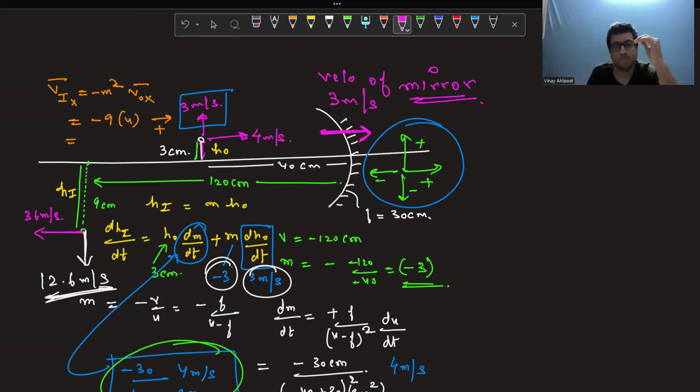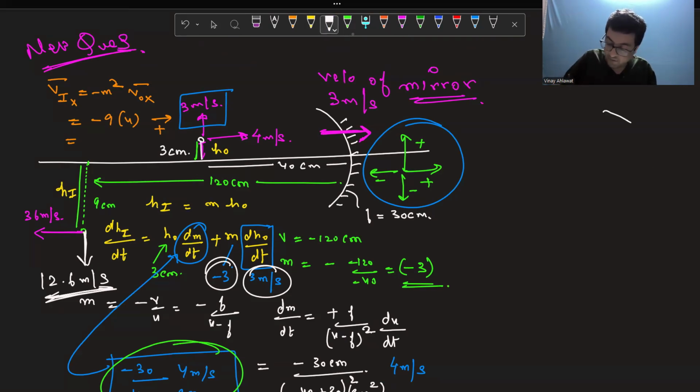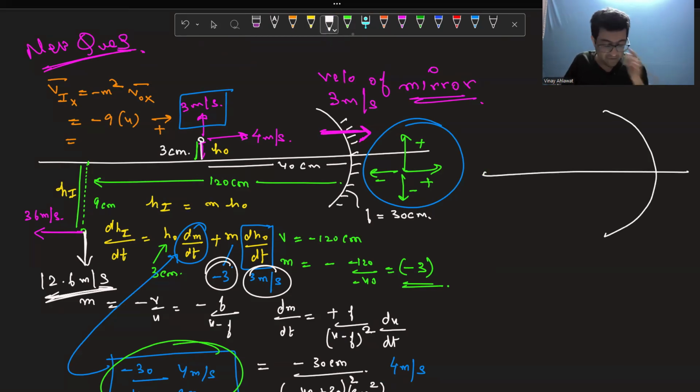Are you still with me? This is a new question. So first step should have been, let the mirror be at rest. If you take the mirror at rest, then velocity of object with respect to mirror is velocity of object minus velocity of mirror. So that will be 1 meter per second in this direction and 3 meter per second in this direction. Do you agree with that part? And this was 3 centimeter.